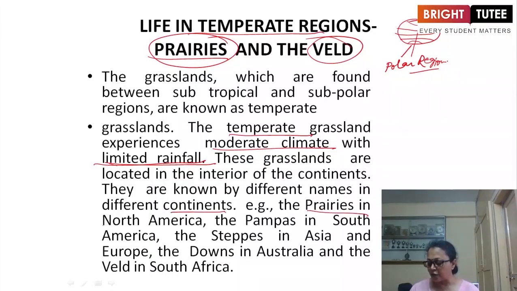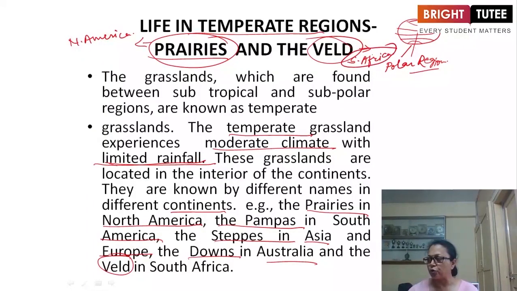That is prairies in North America, pampas in South America, steppe in Asia and Europe, downs in Australia, and veldt in South Africa. So what we are coming to discuss over here is prairies of North America and veldt in South Africa. These are the two which we are going to discuss in detail.